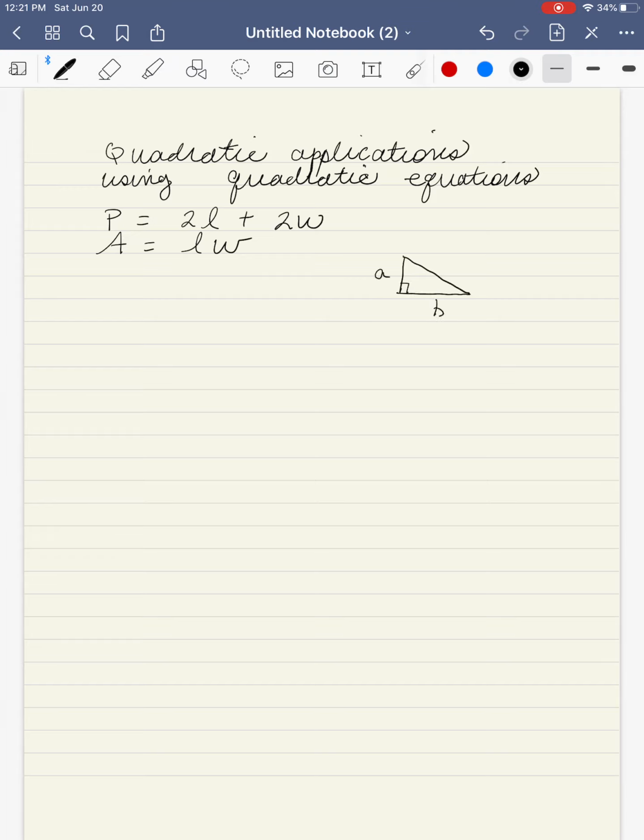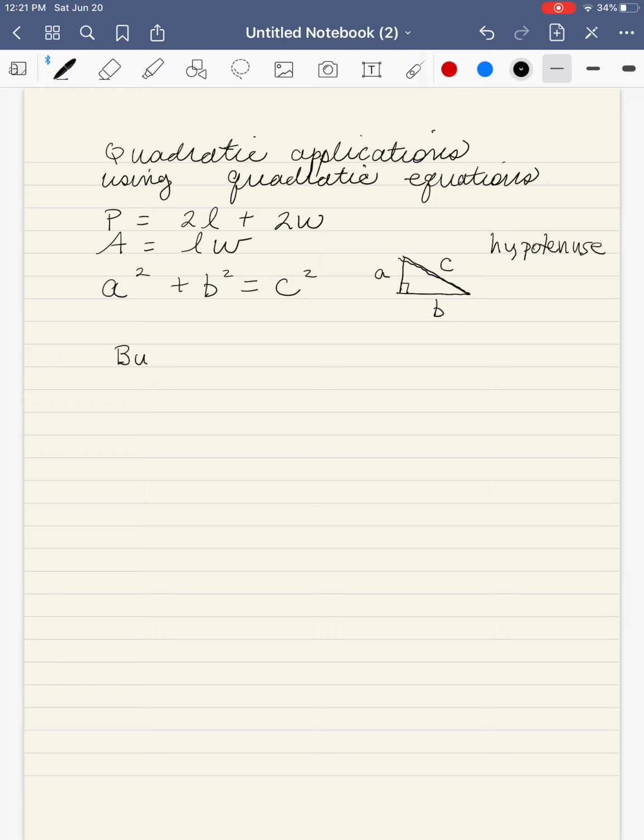It says that if we have a right triangle with sides of length A and B, and the hypotenuse, the crossways one, is C, then it's always true that A squared plus B squared equals C squared. So those are some formulas that you need to memorize and to know.